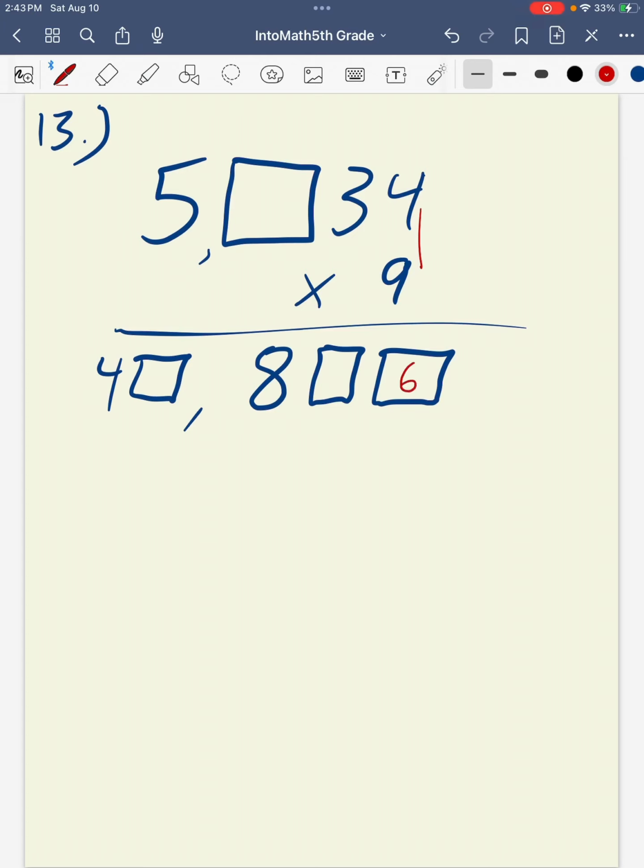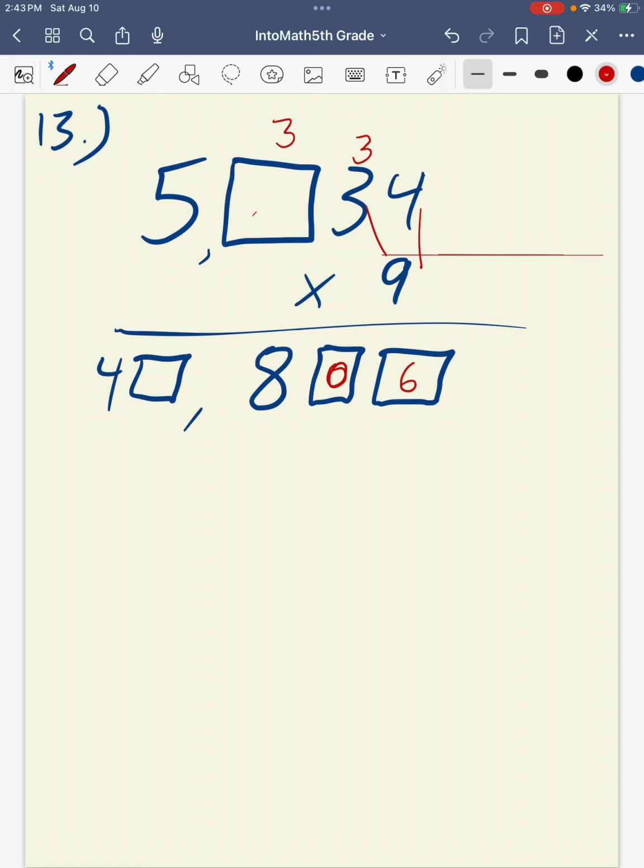This gives me 36. 6 goes into the ones, and I carry my 3 over to my tens category. Next, I multiply 9 times 3, which gives me 27. I add in my additional 3 for a 30. I carry my 3 over to my hundreds, and now I need to figure out what missing number will fill in this blank.